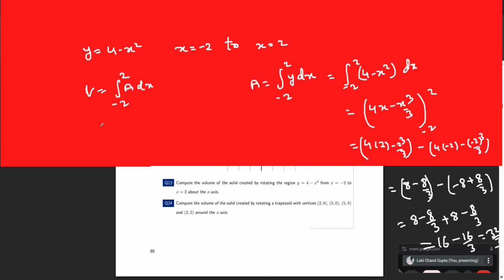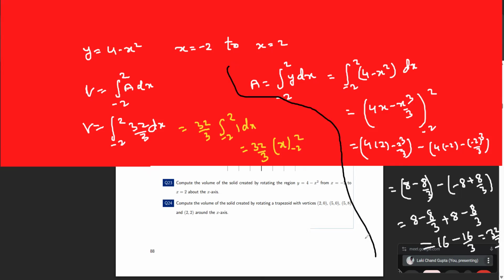Okay, this is what? Area. Area is what? 32 over 3, right? 32 over 3 is a constant. Integration of 1 is x, right?